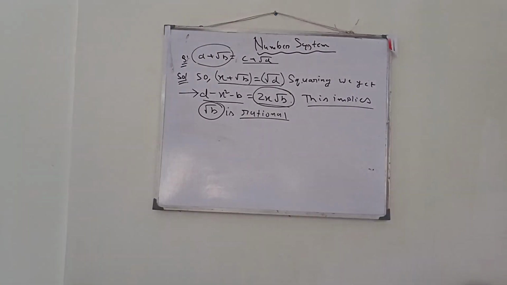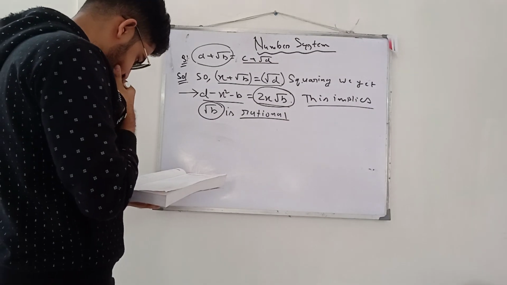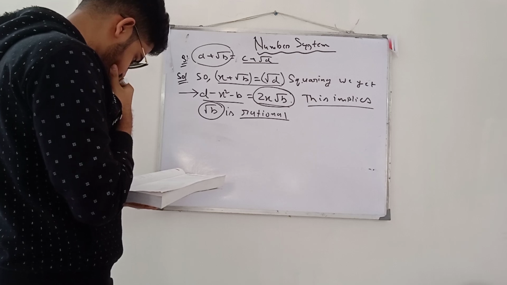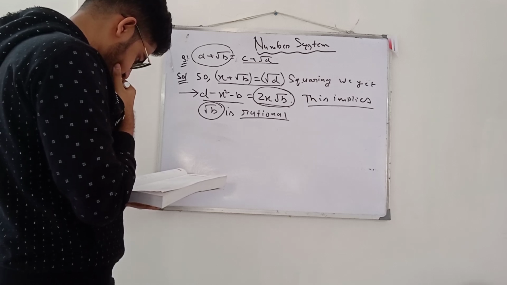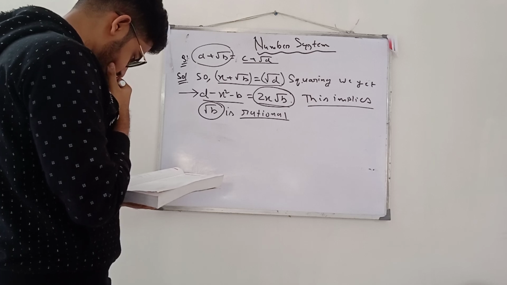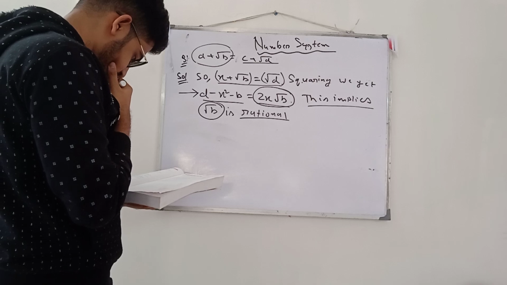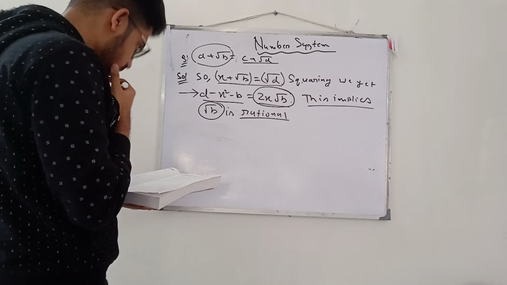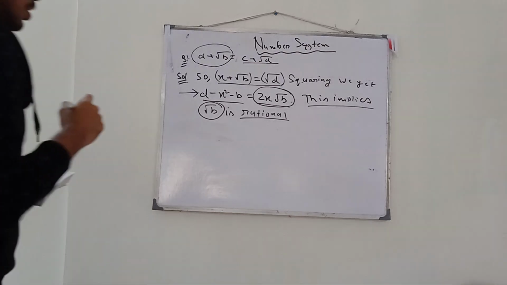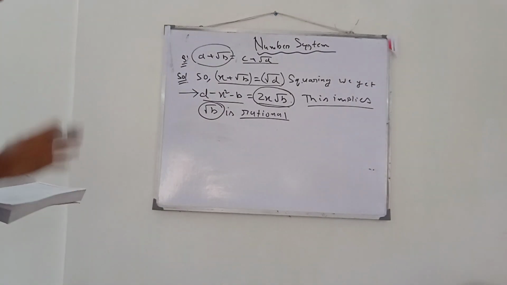Okay, see. Here, how is this 2x into root b coming?